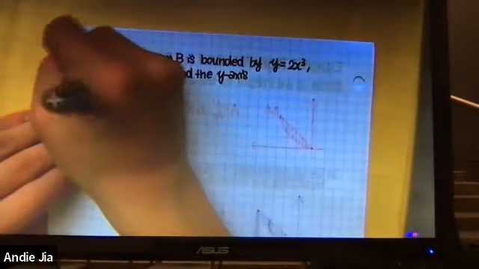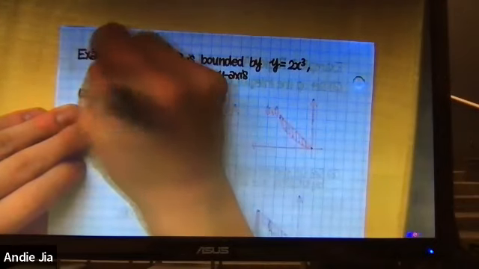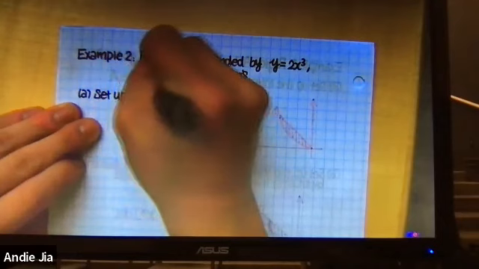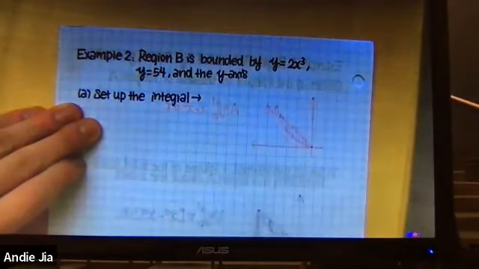Part A: set up the integral for the area of region B.